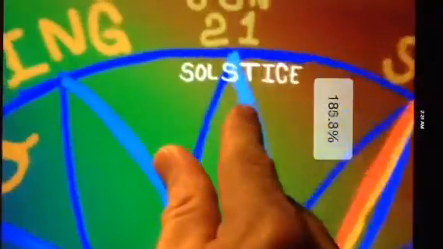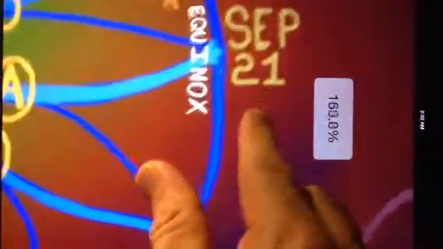So we have Aries, Taurus, then we're going to have Gemini here, and then Cancer, and then next to Cancer we're going to have Leo in this segment, and then next to Leo we have Virgo, and then coming around the wheel here, September 21st to October 21st, we have Libra.